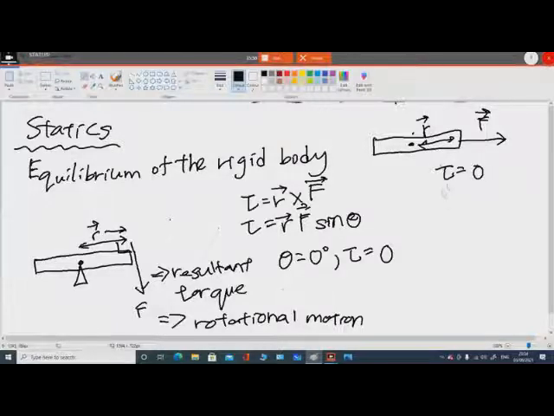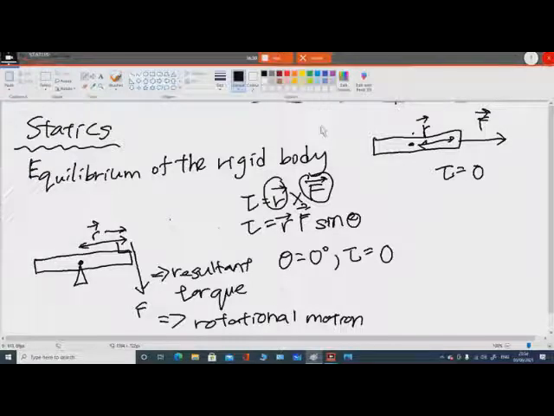So this is how we determine the definition for the torque: torque is the cross product of vectors r and F. That is the definition for torque.